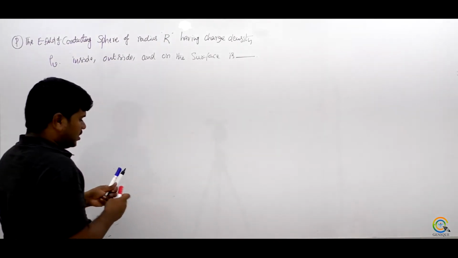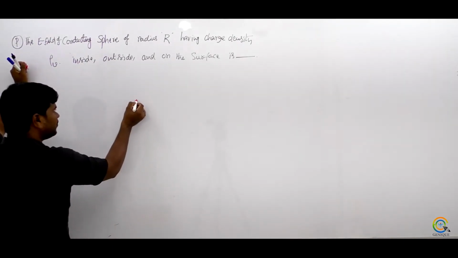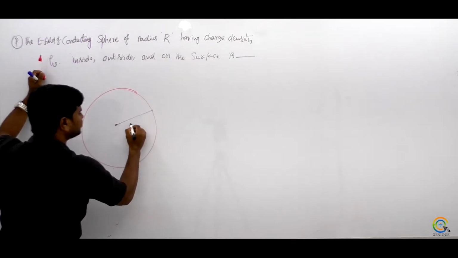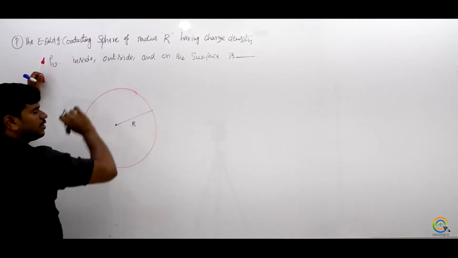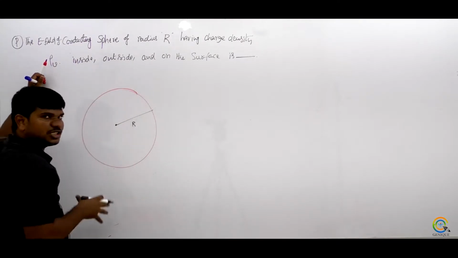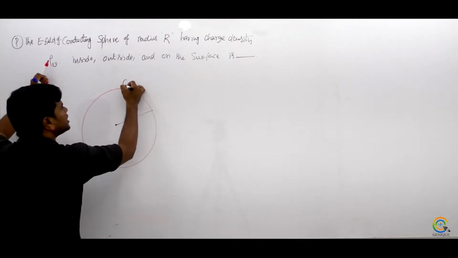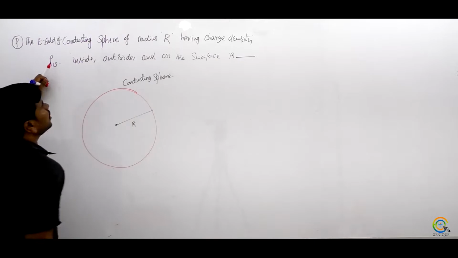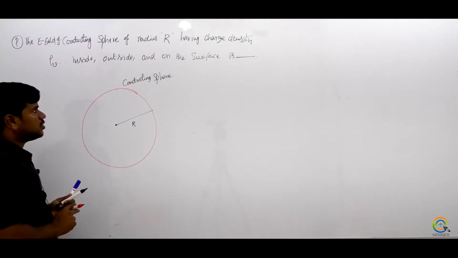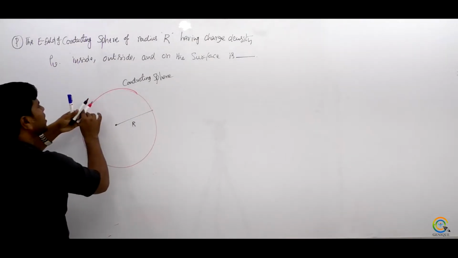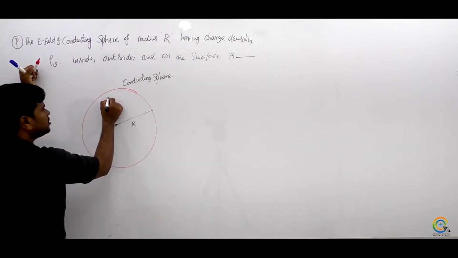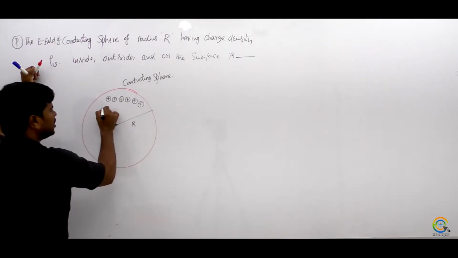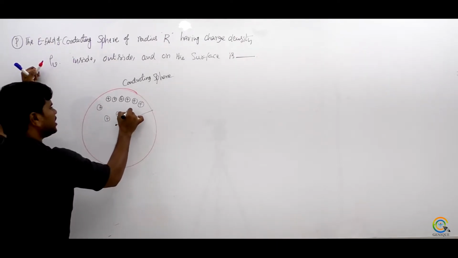If you observe the previous question, it was a sphere of radius r, and it is conducting now. Previously it was a charged sphere, but now it is a conducting sphere. Whenever it is conducting, what happens?